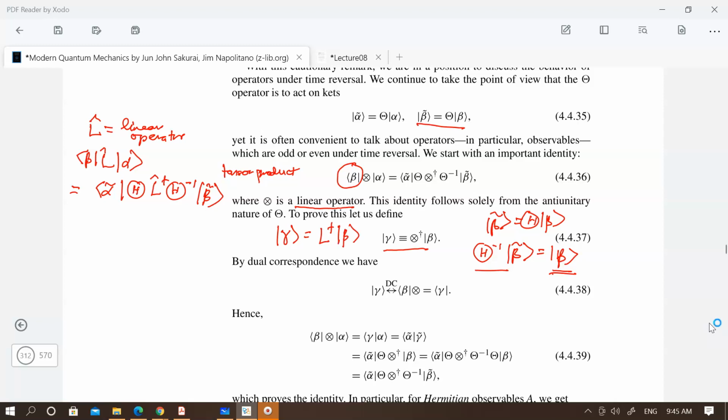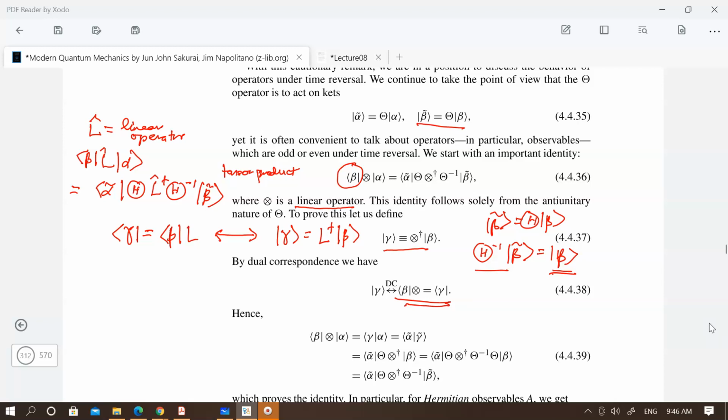So the dual of that is essentially the bra gamma equals bra beta acted upon by L. So that is actually this one. Now one can look at that.